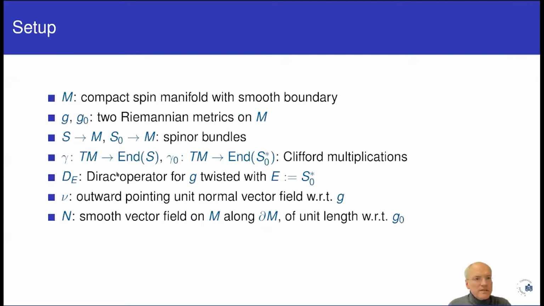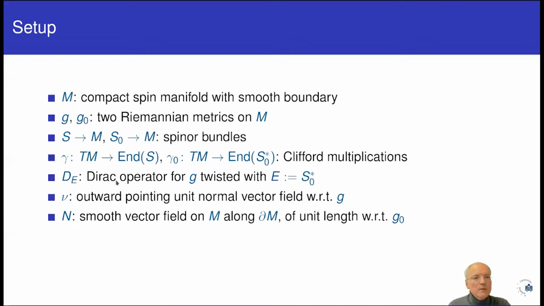All right, so here's the setup. We consider a compact Riemannian spin manifold with boundary M, and we are given two metrics on this manifold, g and g naught, and we have the corresponding spinor bundles, which I denote by S and S naught, and the corresponding Clifford multiplications, which I denote by gamma and gamma naught.